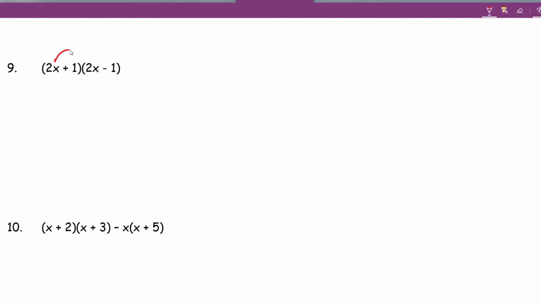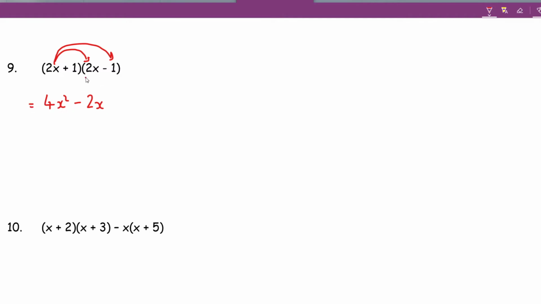So first of all, 2x times 2x, and then 2x is going to be times by the minus 1, so we're going to end up with 2 times 2 is 4. x times x is x squared. Okay, that's done. Next one, 2x times minus 1 is minus 2x.